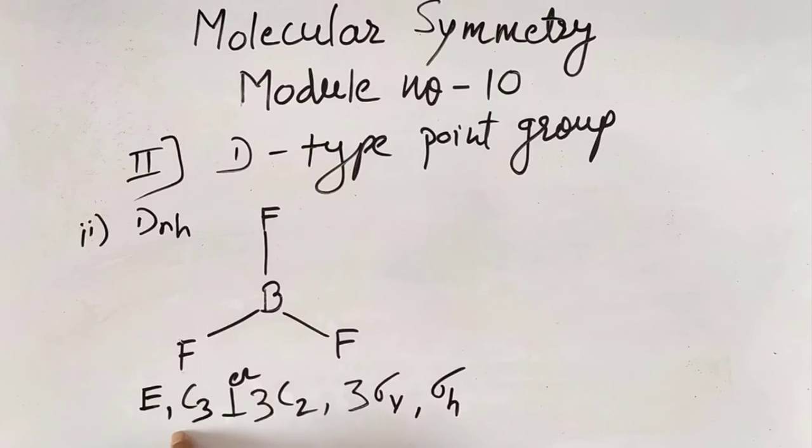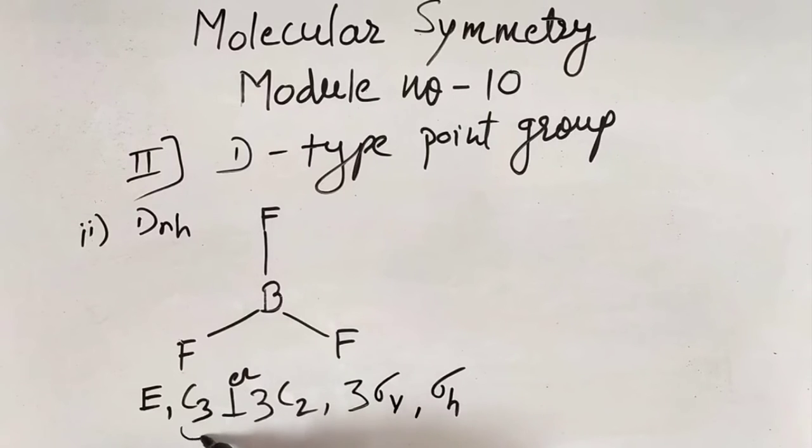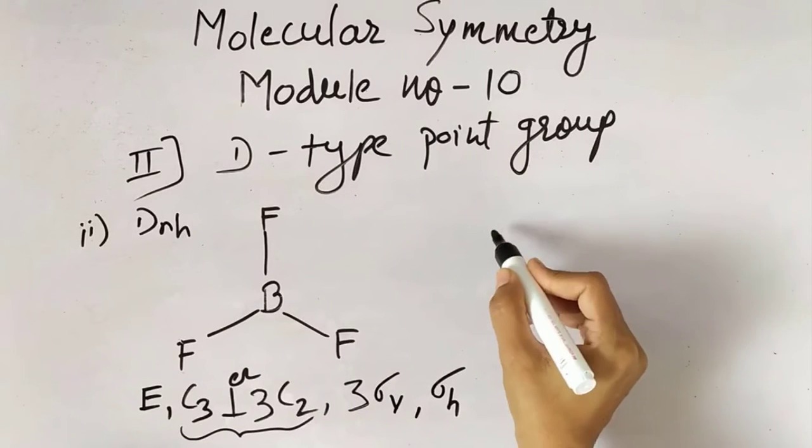Now we have to sum up all the symmetry elements in one final group, that is called the point group. So how will you make a group of all the symmetry elements? First of all, C3 is present perpendicular to 3 C2s. So which is the main point group?